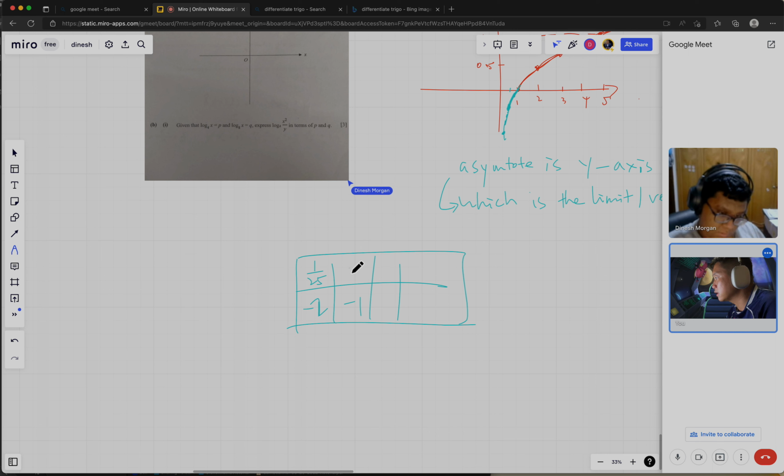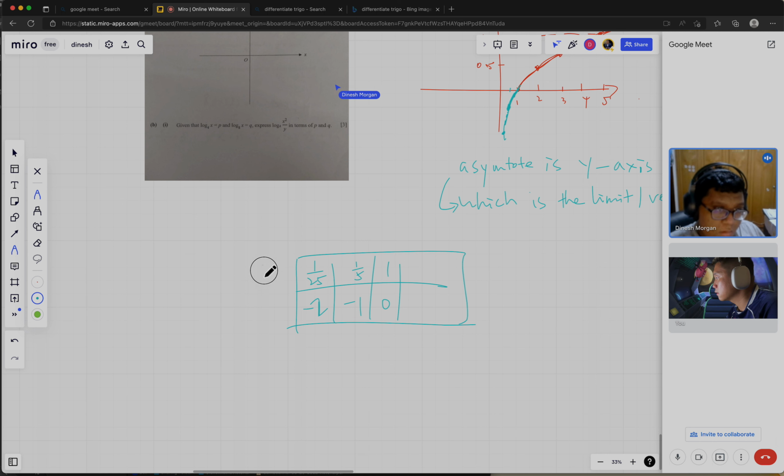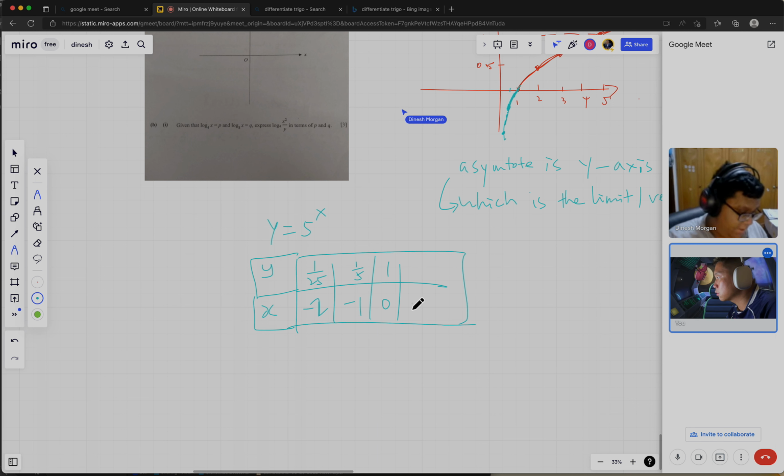It's never negative. So 5 to the 0 is 1, 5 to the 1 is 5, 5 to the 2 is 25. I need to give it some negative values, and then some positive values, to get a sense of the graph. So negative 2, negative 1.